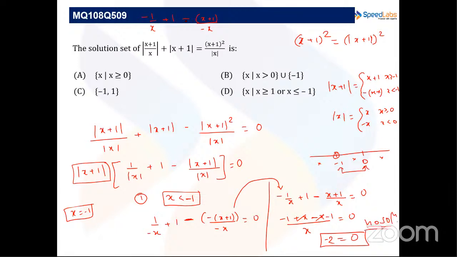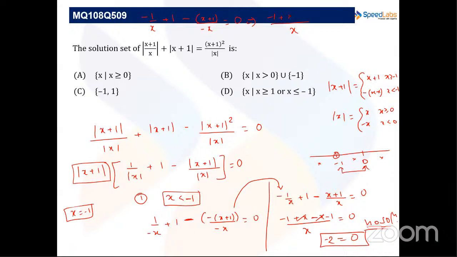So there is no solution in this region. Okay. Now for the next region, we have minus 1 by x plus 1 minus of x plus 1 upon minus x equals to 0. Taking the LCM, we will have minus of minus, a plus sign.